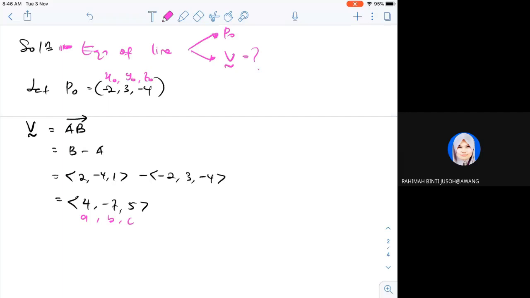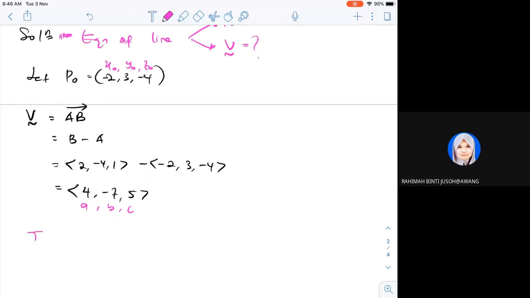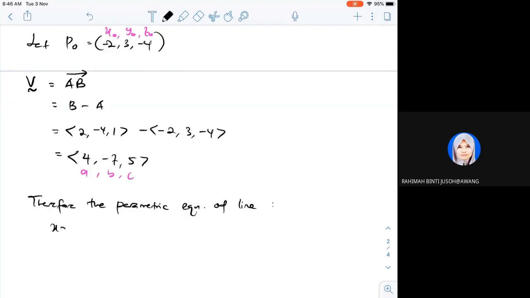So therefore, we can simply write the parametric equations of line: X equals X naught plus AT, Y equals Y naught plus BT, and Z equals Z naught plus CT.